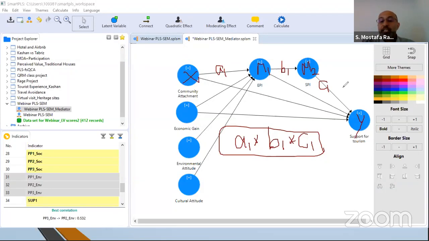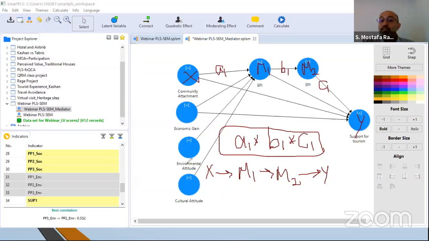But in first place, you have to justify effect of X on Y overall, effect of X on M1, M1 on M2, and M2 to Y for hypothesis development, to hypothesize effect of X to M1 to M2 to Y. So this is serial mediator.